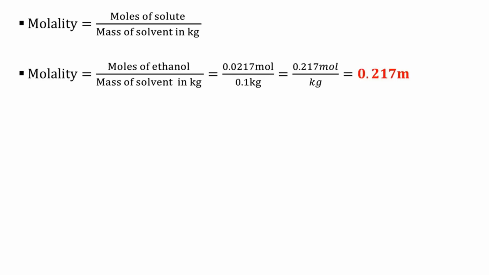We have 100 gram of water, which converts to 0.1 kilogram. The moles of ethanol, the moles of solute, is 0.0217 mole. Then we divide by 0.1 kilogram as the mass of the solvent, and we obtain 0.217 molal.